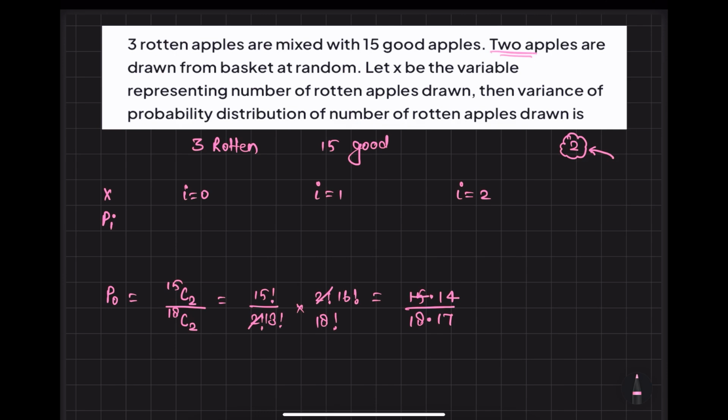Now 3 table, 5 times, 6 times, then 3, so it is 35 by 51. So the probability of having 0 rotten apples is 35 by 51.